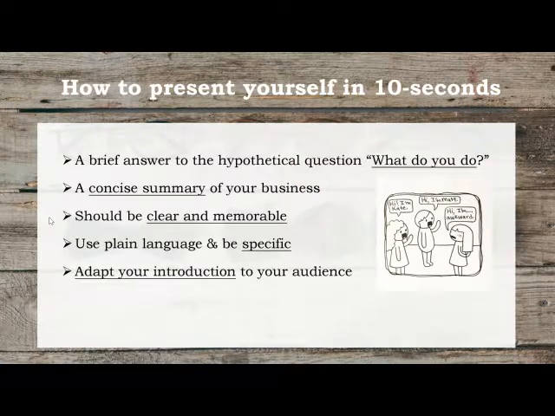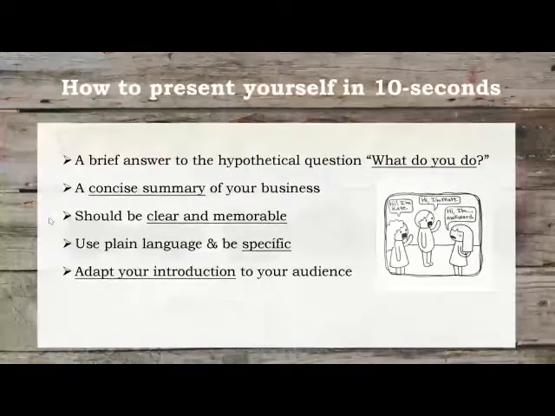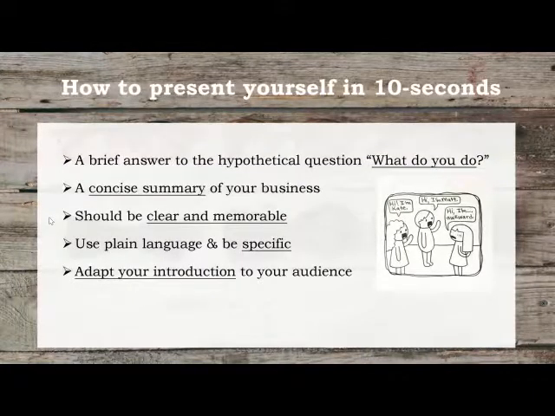So what I mean by this is that, for example, I tend to introduce myself as providing language services from French into English, because that's what I do most of the time. But if I find myself in Italy, if I'm talking to, say, a hotel manager in Italy, then when I'm presenting myself, I might rather focus on the fact that I provide translation services from Italian and French into English.